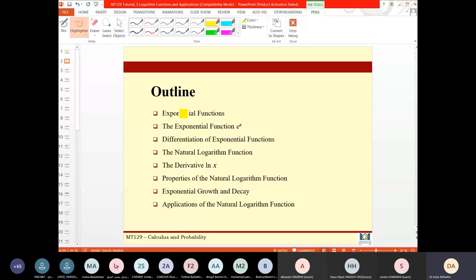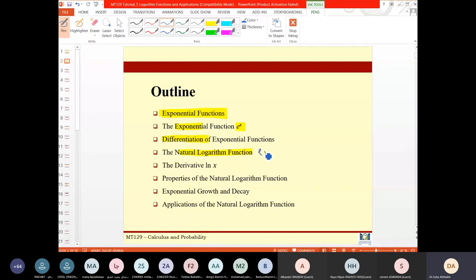So first thing, we're going to define what we call exponential function. Exponential function is like the power functions here. We will talk about a special exponential function, which is e to the power x. We will talk about how to differentiate, how to find the derivative of this exponential function. We will talk about the natural logarithm function, the ln.